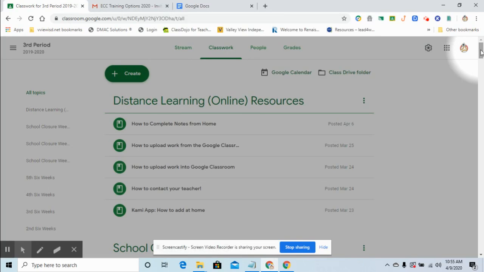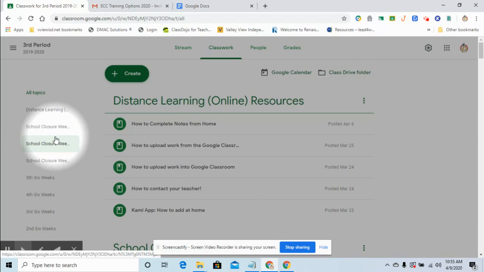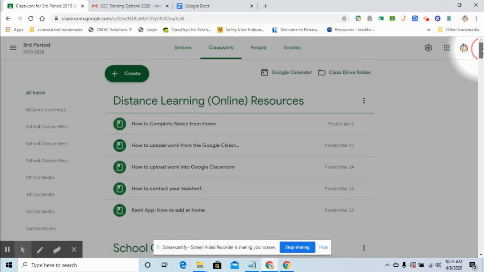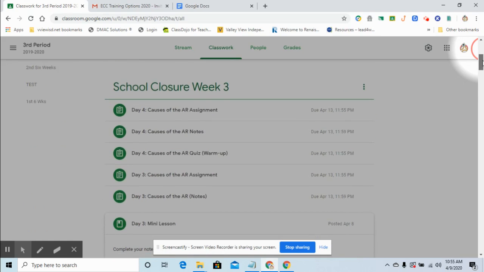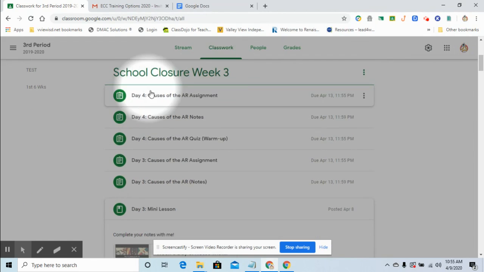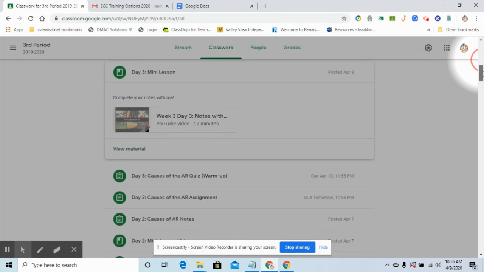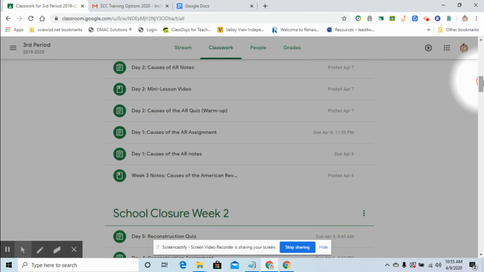What I like to do normally, I don't even go by the topics this way because it'll give us the full assignment. I like to look for my assignments based on the topic. So I scroll down to week 3, but I don't see anything about PowerPoints or slides. As I scroll down more, you're going to see week 3 notes, causes of the American Revolution.